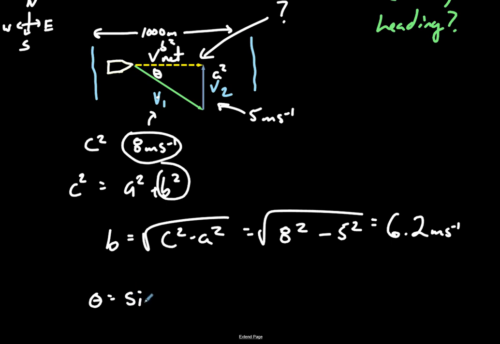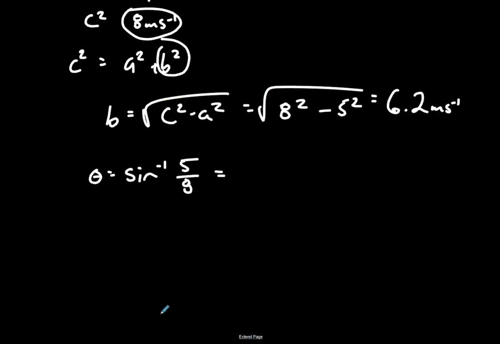So theta then should be the inverse sine of the opposite over the hypotenuse. So you get 38.7, we'll say, degrees south of east, okay?